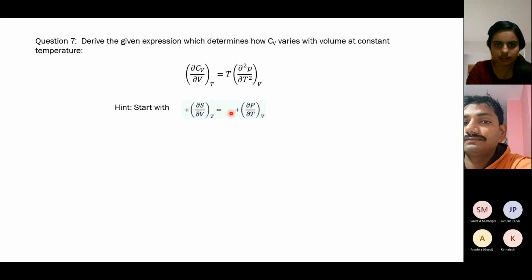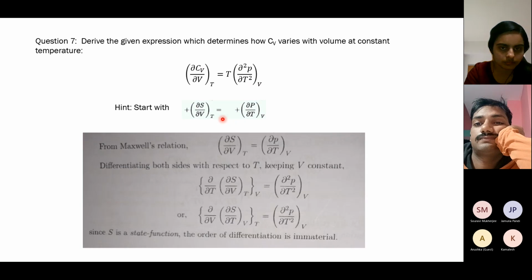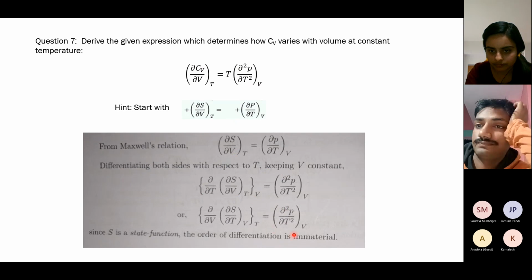It is this one. Once you start with this one, how do you plan to proceed? We want to find the double derivative. On this side, we have a double derivative with respect to temperature, so we differentiate this with respect to temperature, and this is what you get.